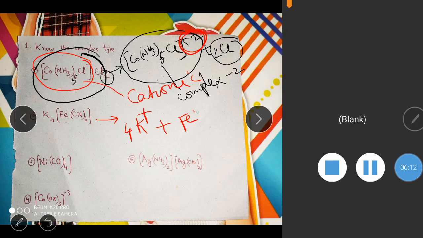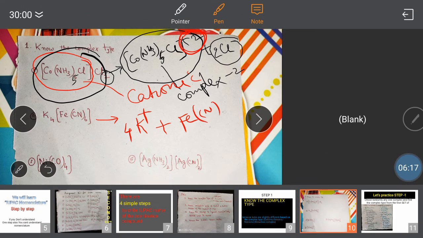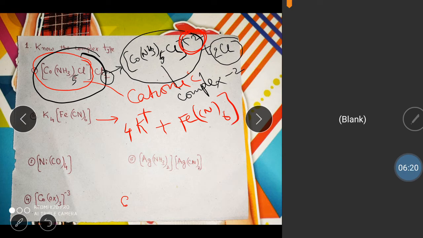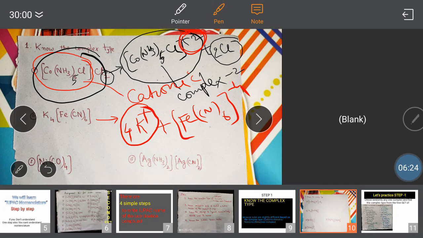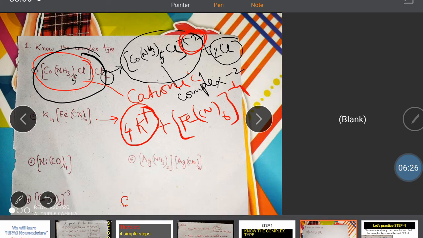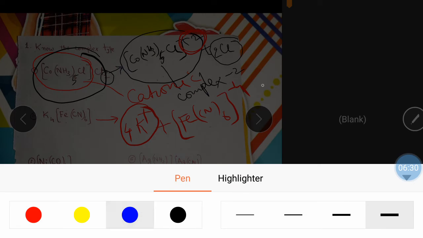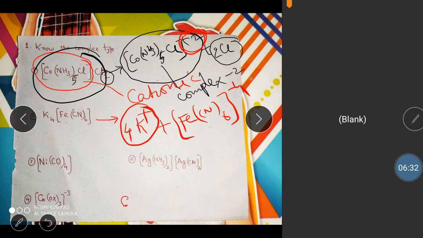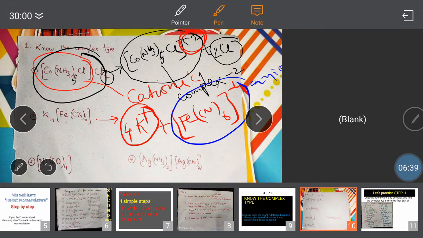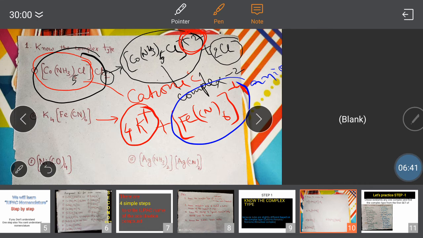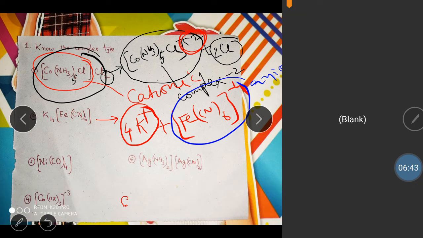Fe(CN)6 should have what charge? The total is plus 4 charge, so this will now be minus 4 charge. Now what do you call this complex type? It must be called an anionic complex. Why? Because my complex is an anion.